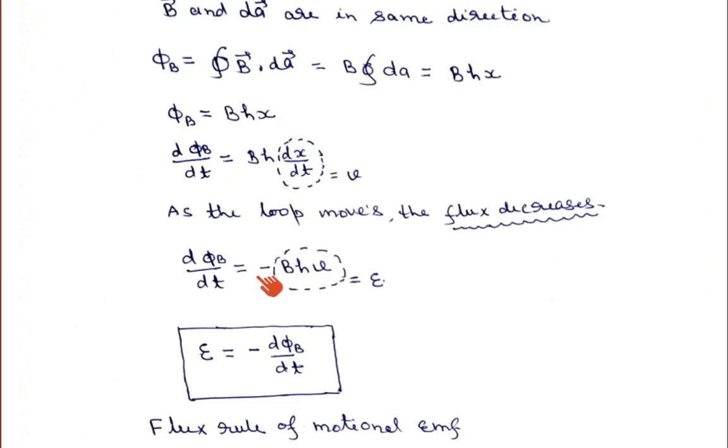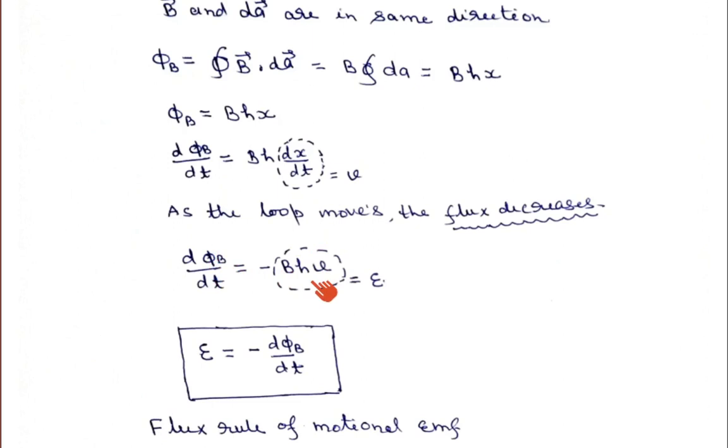This minus sign reflects that the total flux within the loop is decreasing. This also tells a very nice physics, I will explain later.